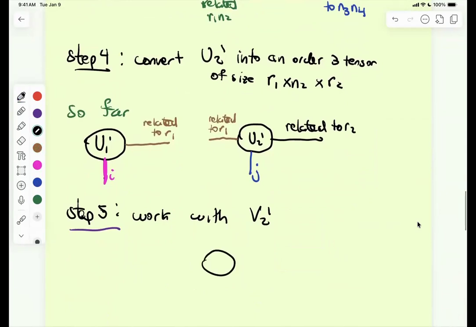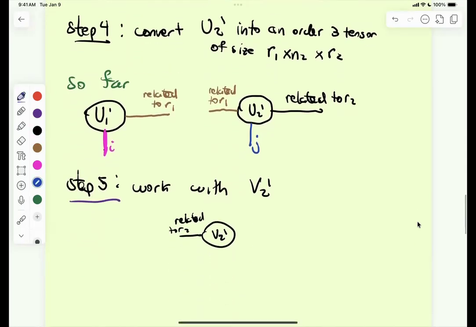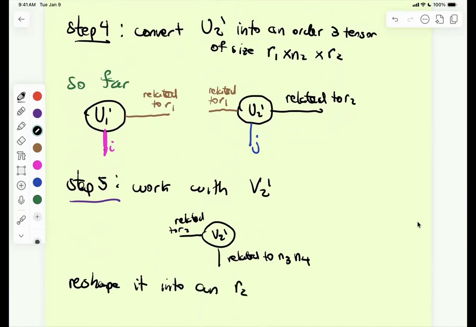Again, one of the legs was related to R2, and the other was related to N3 and N4, right? So, like before, if you want to think about it this way, you first reshape it into an R2 times N3 times N4 tensor.